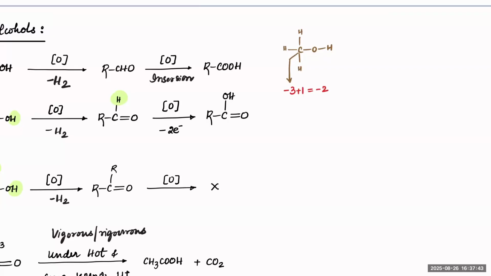Now, if it gets oxidized, it might get H double bond O. This is one part of oxidation. The other part is H double bond O and OH. So this is like a partial oxidation. This is like complete oxidation. If it is a partial oxidation, what is the oxidation state here?